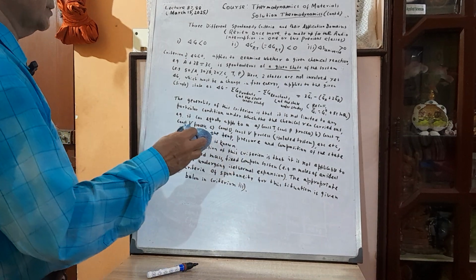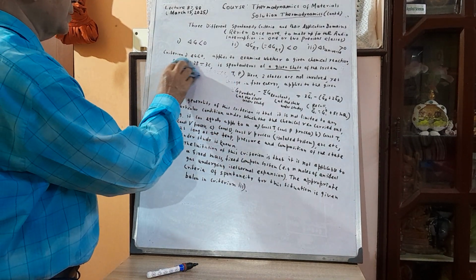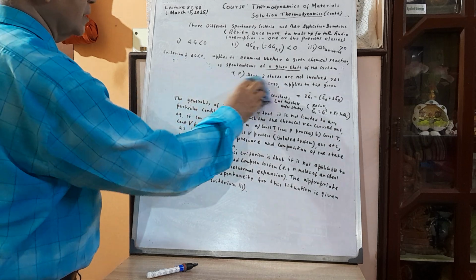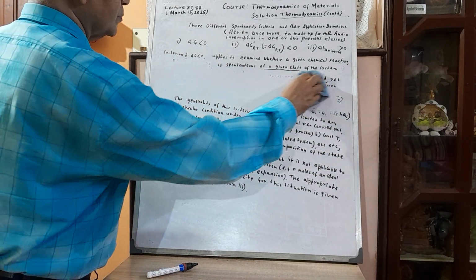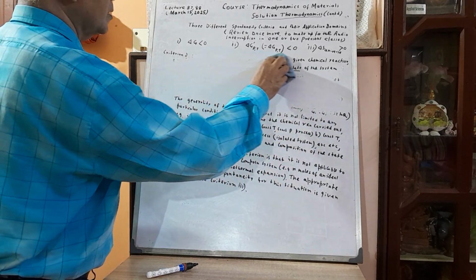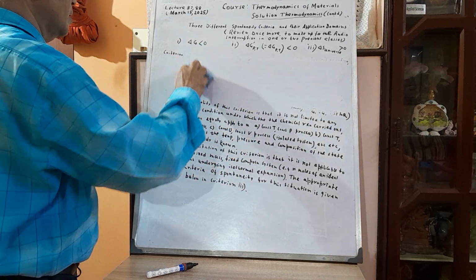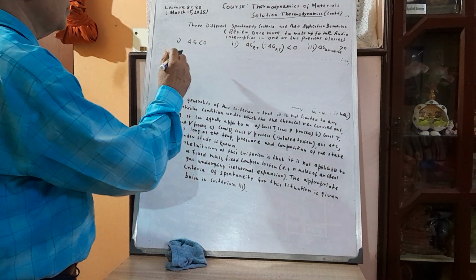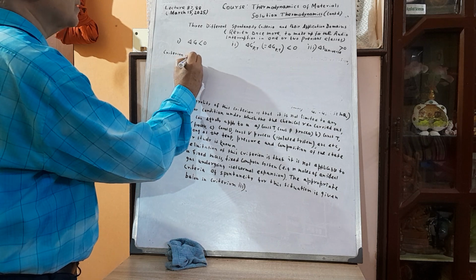Can I remove this? I think I can remove few lines. Okay, here, criterion 2. What is this?